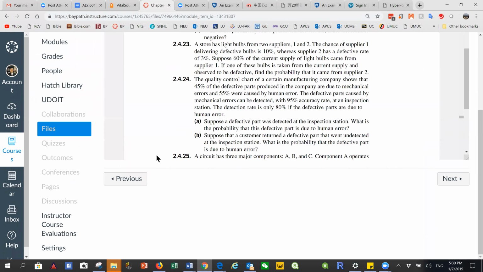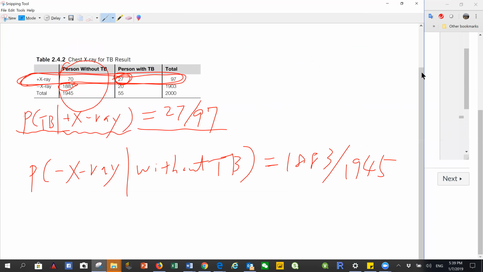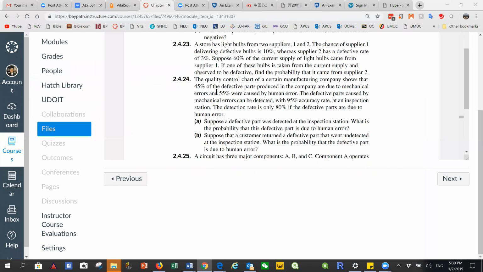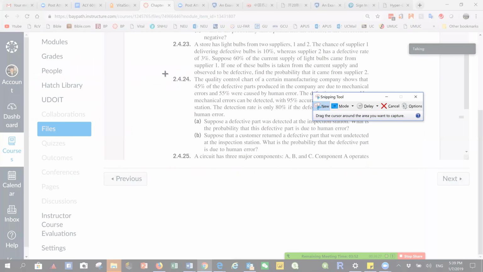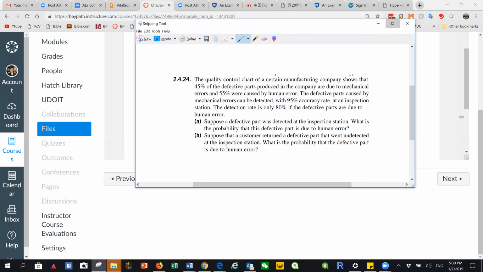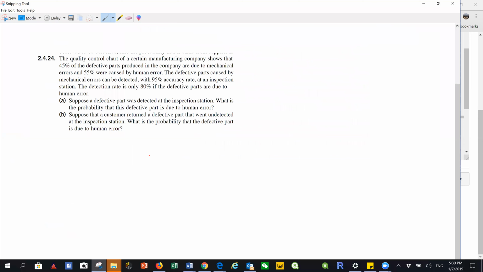For this question, I hope that we can finish in time before we get cut off. The quality control chart of a certain manufacturing shows that 45% of the defective parts produced in the company are due to mechanical error.